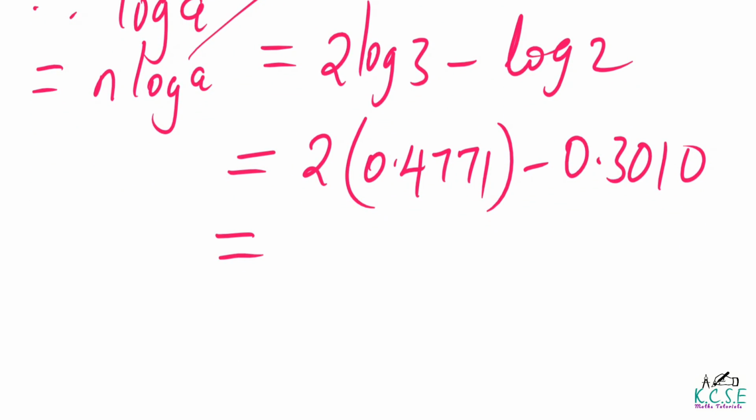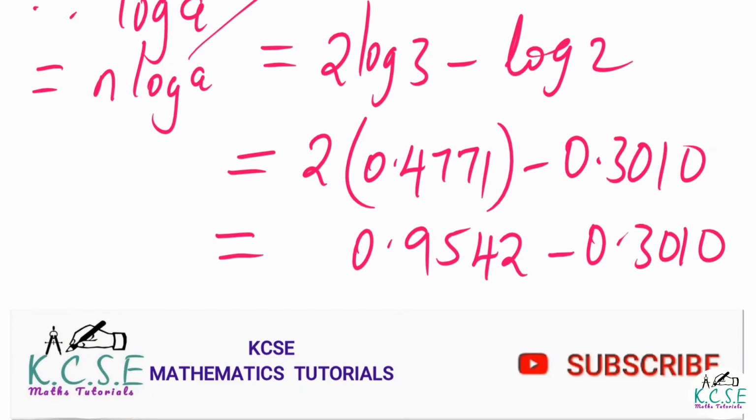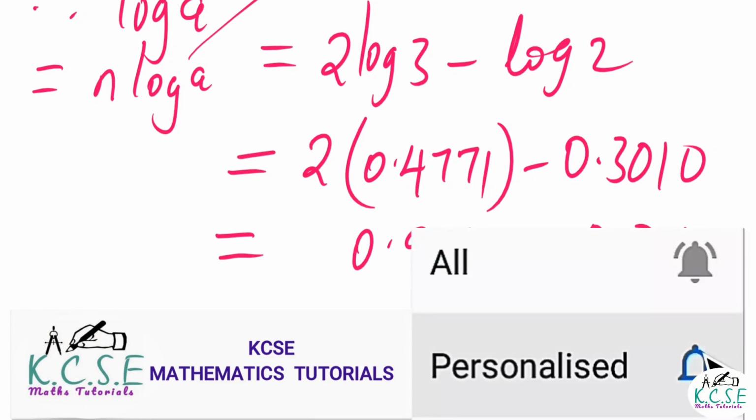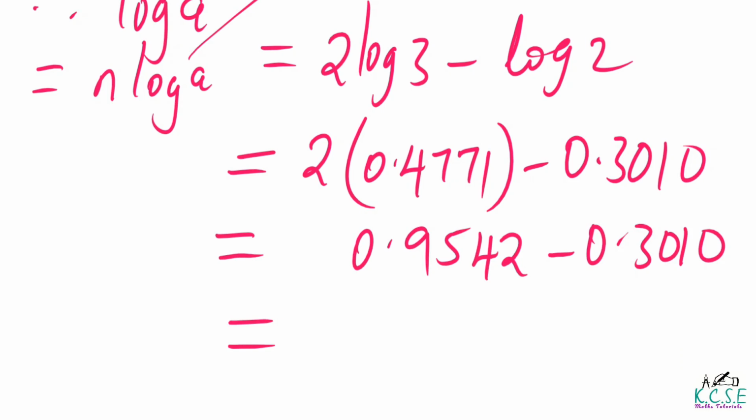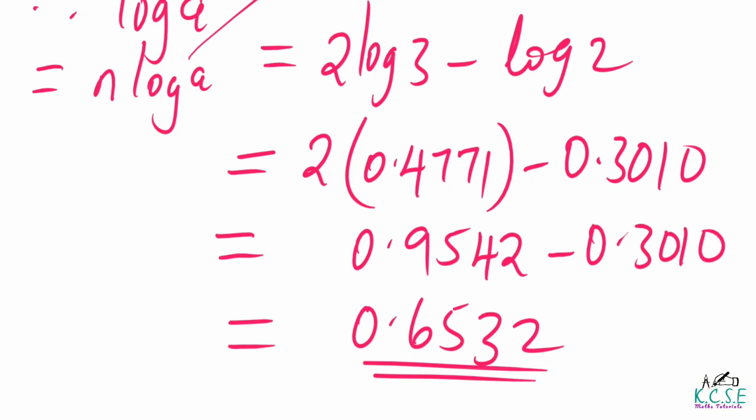When you multiply this by 2, you get 0.9542, subtract 0.3010, and this will give, work it out, 0.6532.